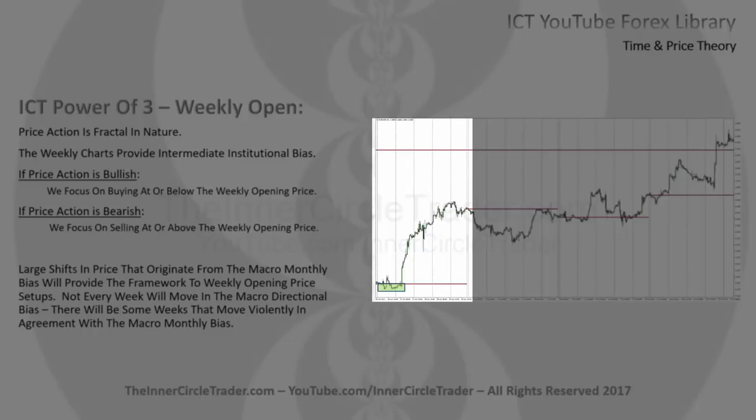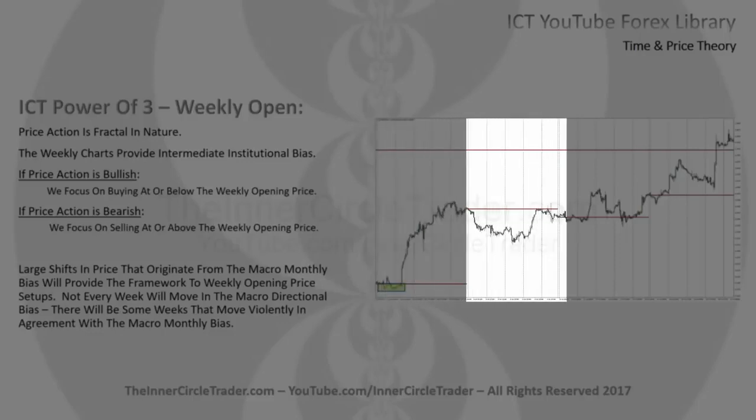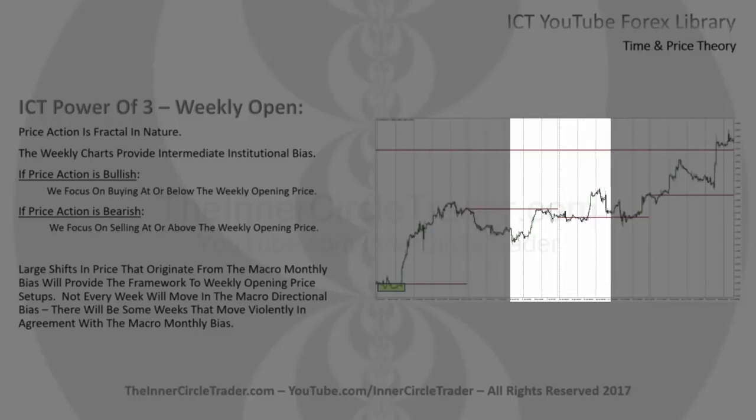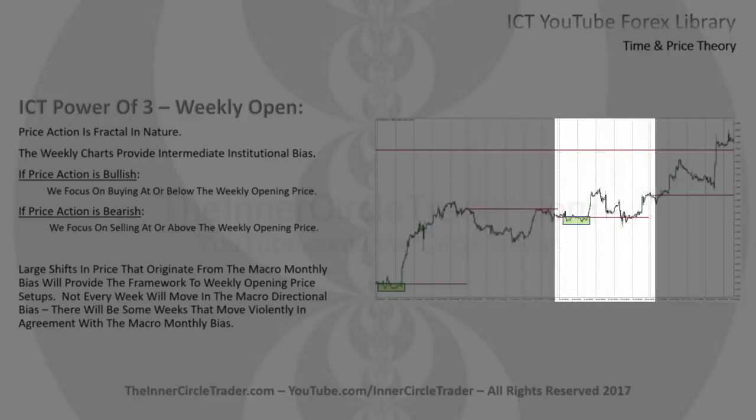Price gets a little too far ahead of itself and needs to retrace. So the next week, even though we have the weekly opening price and it does trade below it, we have to be mindful that it may need to retrace deeper. The following week, after a retracement and slight consolidation, we're going to have another opportunity where price shows a willingness to show buying strength below the opening price of the weekly range.